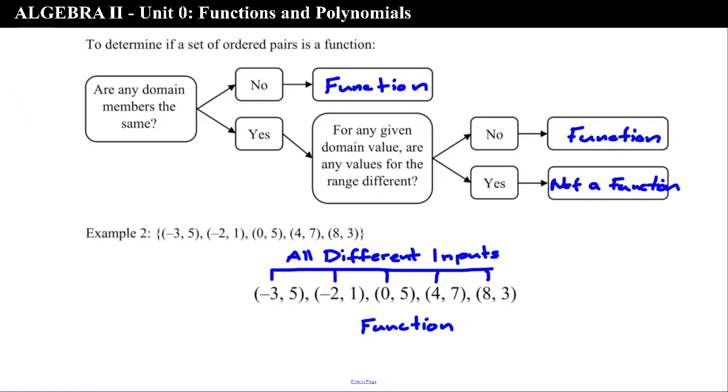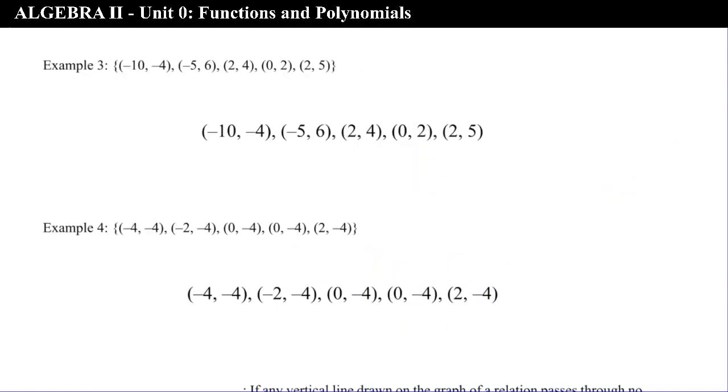Okay, now let's take a look at another example. Here's example 3. We've got another list of ordered pairs. Let's take a look at the x values. And in these x values, we have -10, -5, 2, 0, and 2. Well, right here we have found that 2 of these are the same. So we have the same input for these 2 sets of ordered pairs.